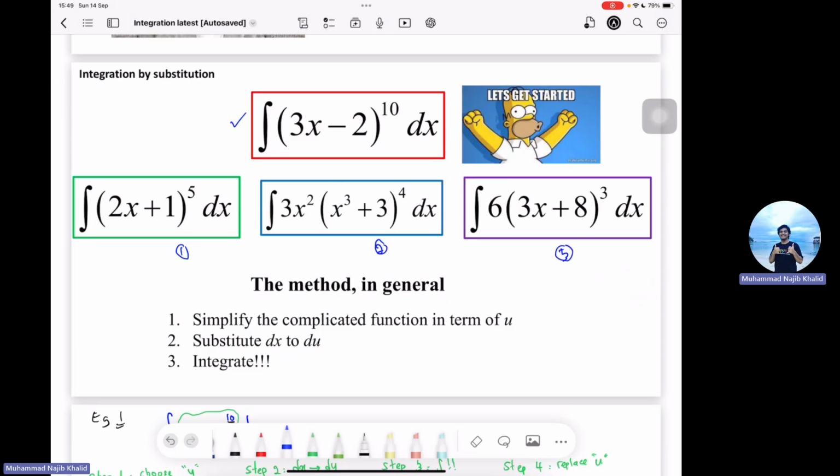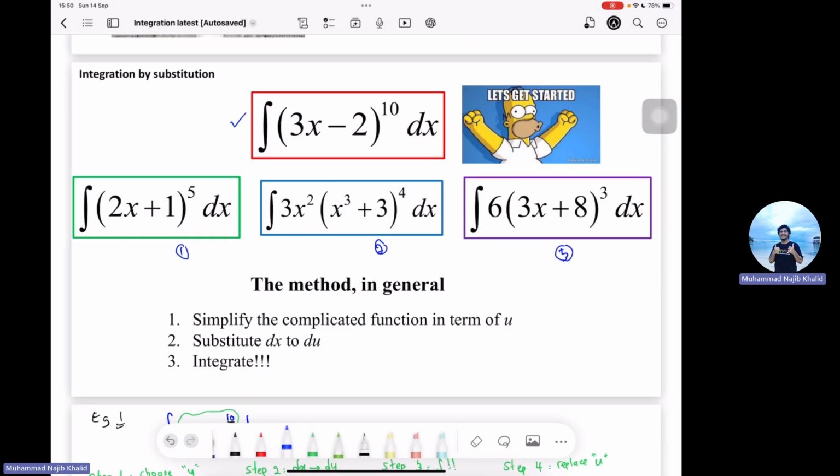Try to solve on your own using the method of substitution, and then you can check with me. Please don't feel shy to ask me if you face any difficulties in solving these kinds of problems.